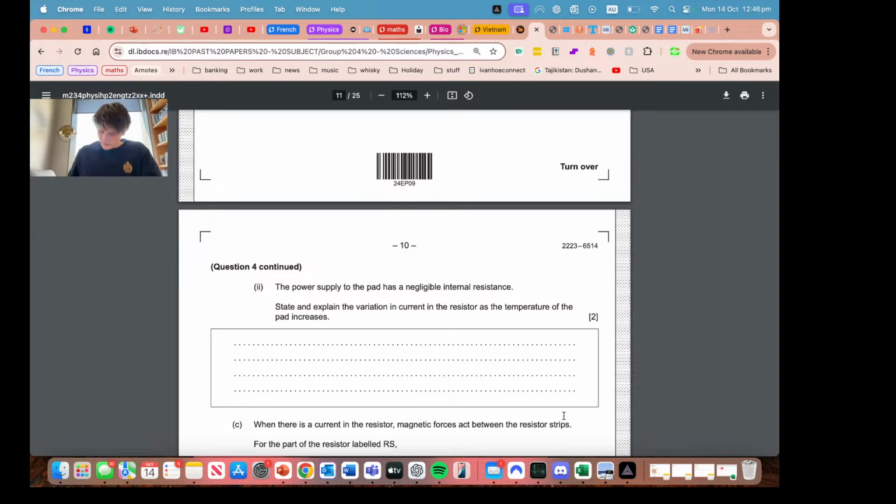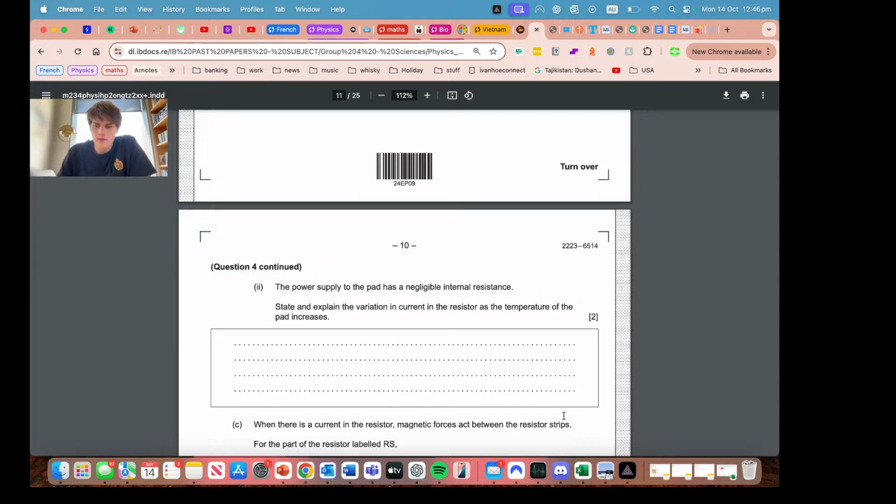So it seems that between A and B, if we scroll back up here, it looks to me like there's some rectification going on here.